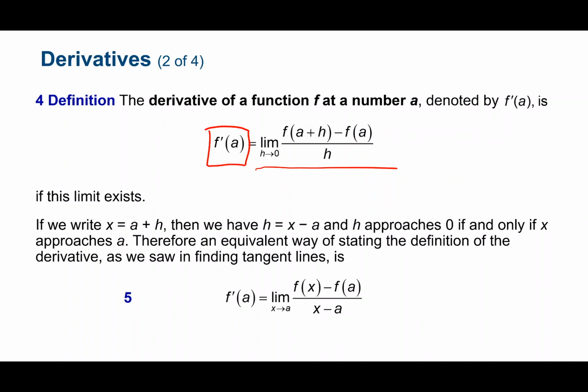So the thing on the left, we could say it's the derivative of f at a. Another way you can read that is f prime at a.